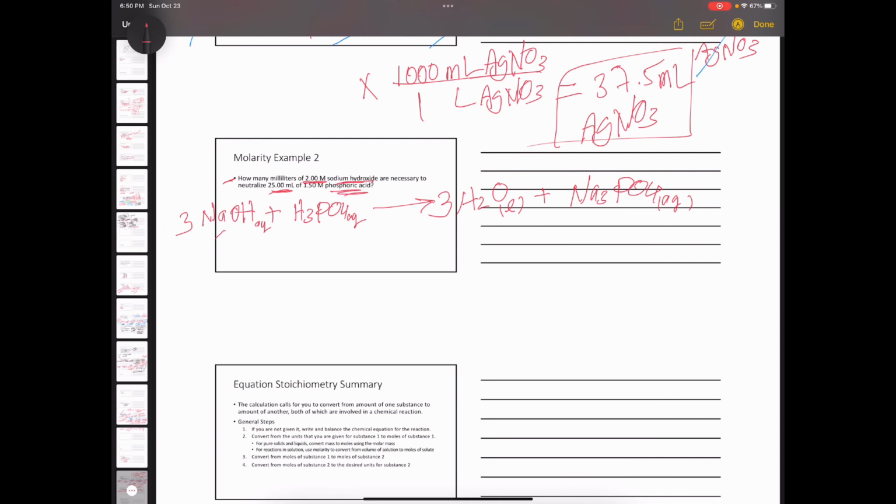Now I can establish my mole relations between the phosphate, the phosphoric acid, and the sodium hydroxide in my calculations of molarity, milliliters into moles, using the molarity equation. Okay? So going back to the question, because at this point we have the equation, we can start doing our calculations.